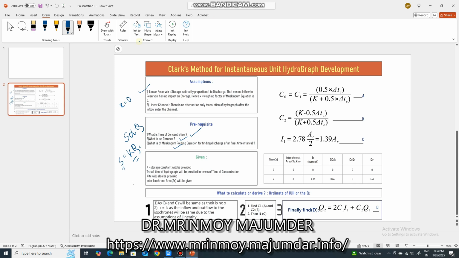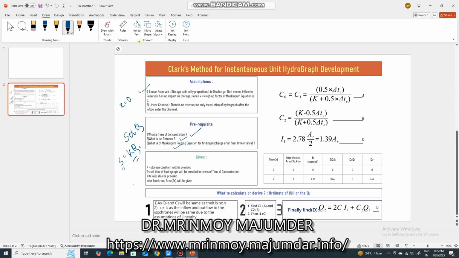Time of concentration you can find out if you search on the internet. It is basically the time taken by a unit amount of rainfall or unit amount of water or water droplet from the furthest point of the watershed to the outlet of the watershed. The time taken by a unit volume of water for traveling from the furthest location of the watershed to the outlet of the river channel.